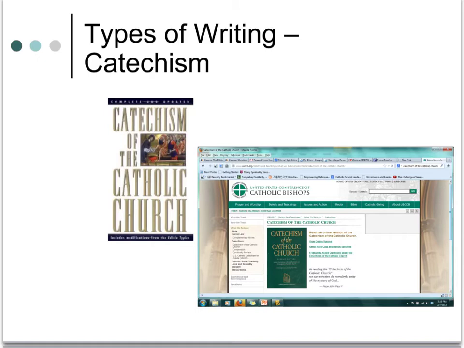If I want to figure out what the church teaches about love, or magic, or animals, or the sacraments, I look in the catechism and it directs me, with an index, to the statements on that particular issue. So it's an incredibly helpful resource.